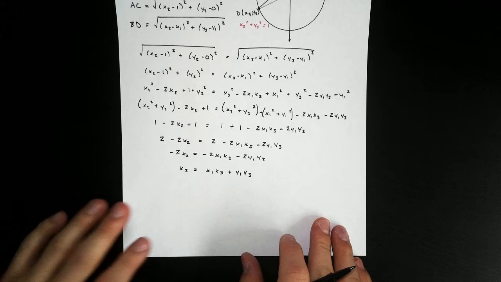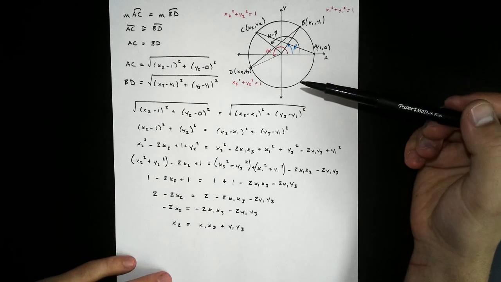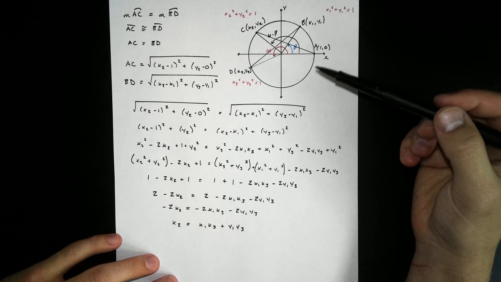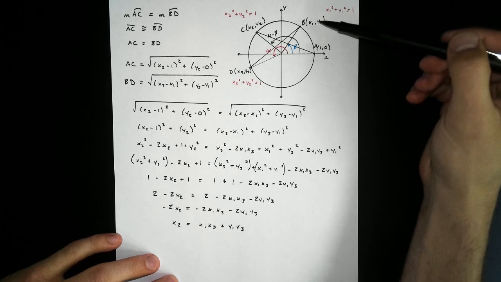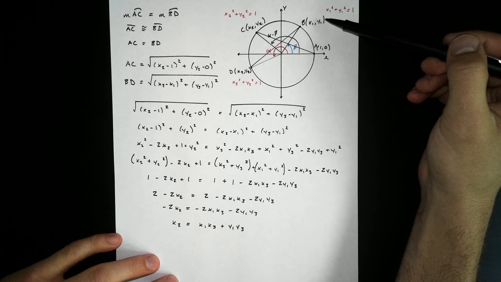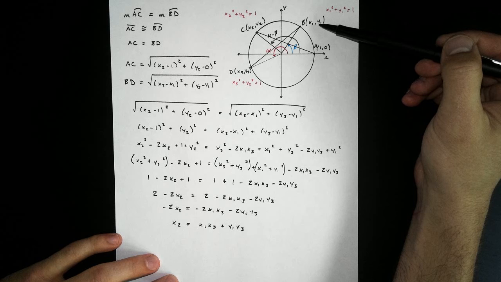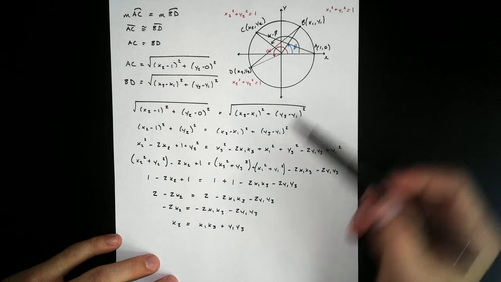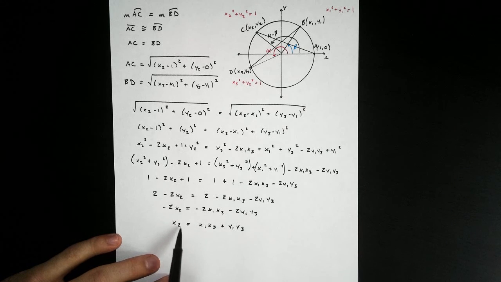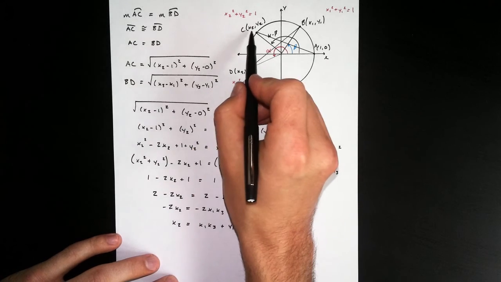However, since we are working on the unit circle, we know by the definition of sine and cosine that the cosine is the x value of the coordinate, and we know that sine represents the y value. So just going backwards, if I go and find x2, so x2 is right here.